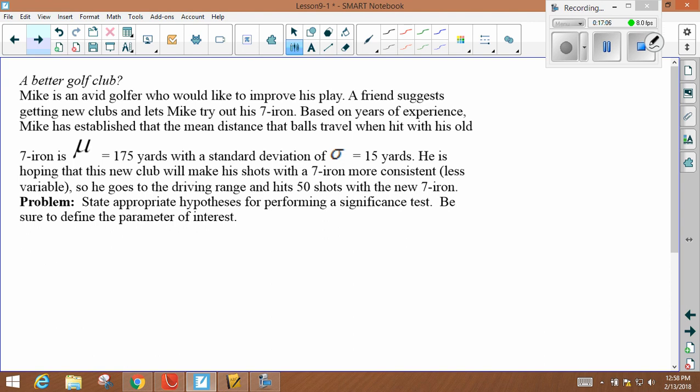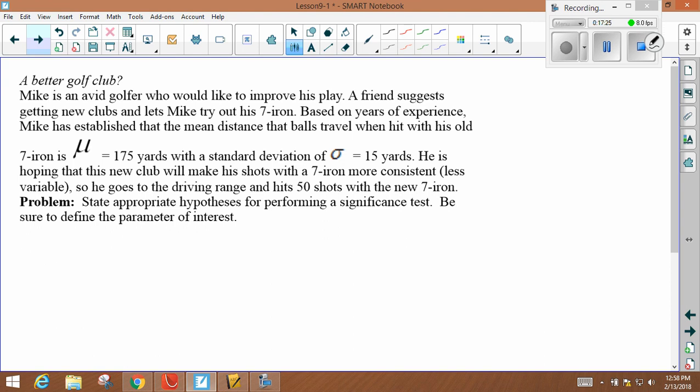So he's going to go ahead and check and see if this 7-iron makes his shots more consistent. Right? It's going to decrease the variability. So he's going to go to the driving range, hit 50 shots, and see what happens.